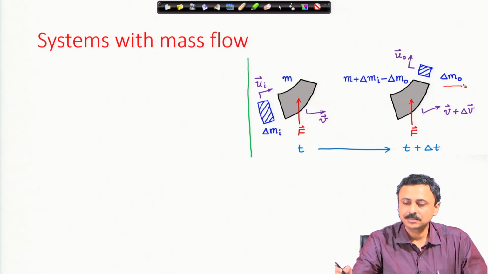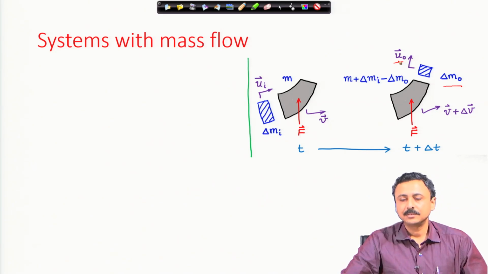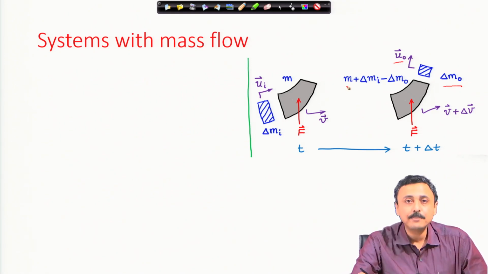It ejects a little mass delta m_o, and the ejection velocity is such that the absolute velocity u_o is the absolute velocity of the mass thrown out of the system. And therefore, by mass conservation, I must have the mass of the system after all these things have taken place in time t to t plus delta t.